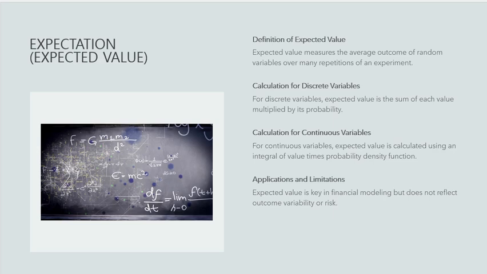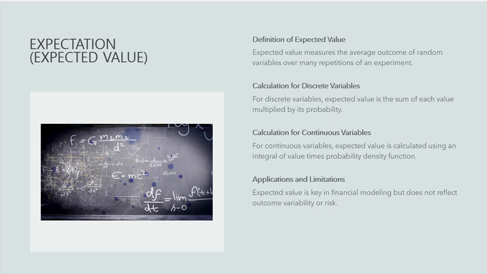For a discrete random variable, the expected value is calculated as the sum of the product of each possible value and its corresponding probability. So E[X] is the sum of x times P(x). For a continuous random variable, it is calculated using an integral: E[X] is the integral of x times f(x) dx, where f(x) is the probability density function.